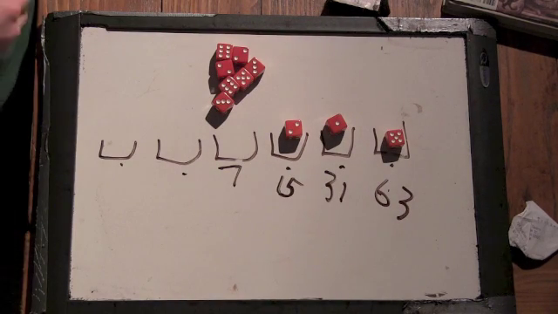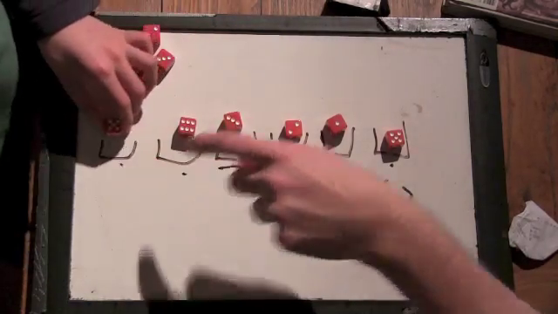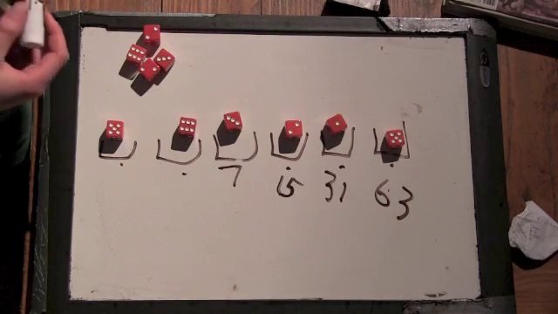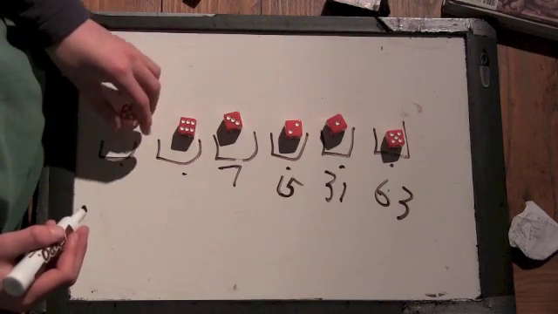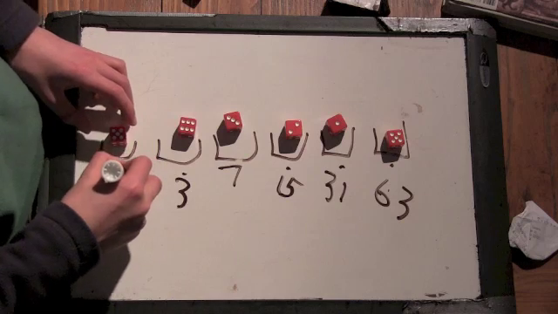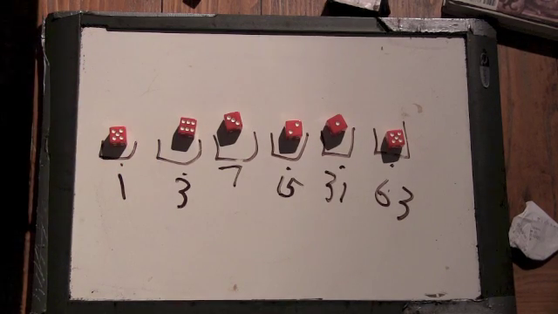Okay. What was the pattern? If we continued these numbers backwards, what was the number that was here? I think it would have been 3 here, 3 there, and 1 before that. So that's 1, 3, 7, 15, 31, 63.